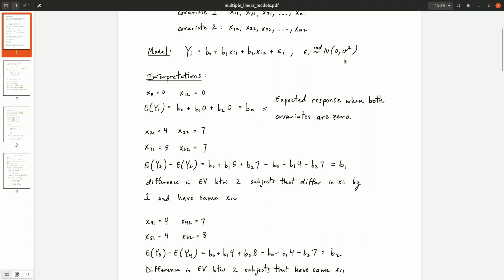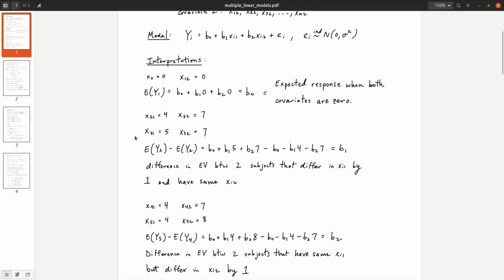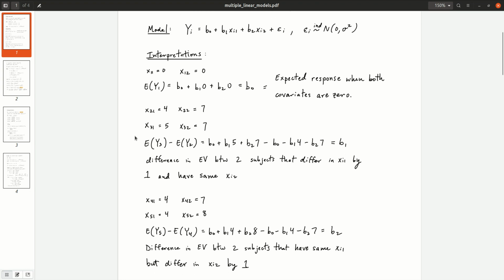And then the last parameter is, of course, the variance of the error term, sigma squared. And our strategy for generating interpretations of these parameters, especially the mean parameters b0, b1, b2, is we're going to play with the values of the covariates and pick them so that we can isolate individual parameters.